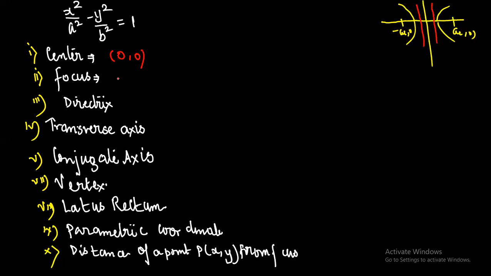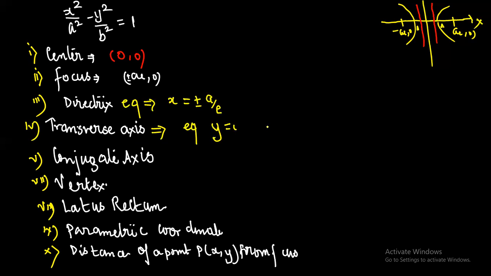The focus is (±a, 0). The directrix equation is x = ±a/e. The transverse axis is A and A'. The transverse axis is the x-axis, and its equation is y = 0.